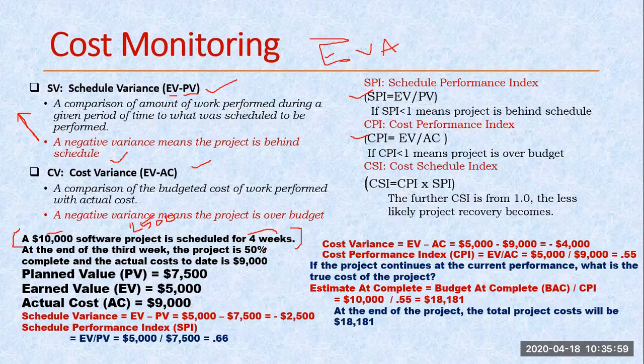But how much have I completed? I have just earned 50%. So 50% of 4 weeks means 2 into 2,500. That becomes 5,000. But actually how much have I spent? So here it shows I have completed 50% of the task, but actually the cost is 9,000. So this way we are getting these three variables' values. Clear to you?